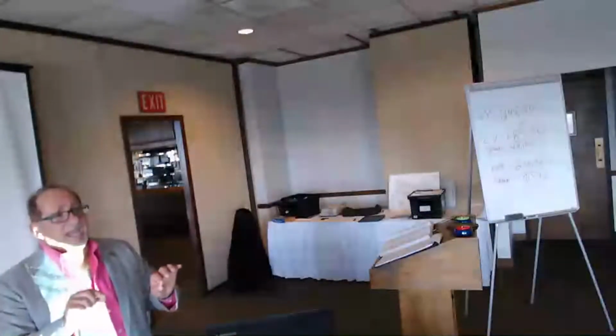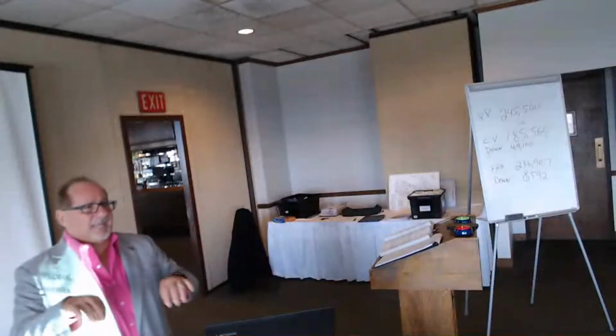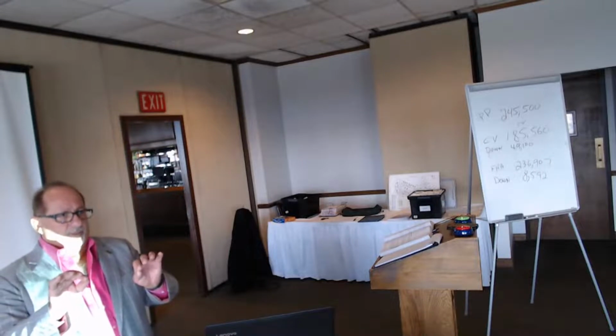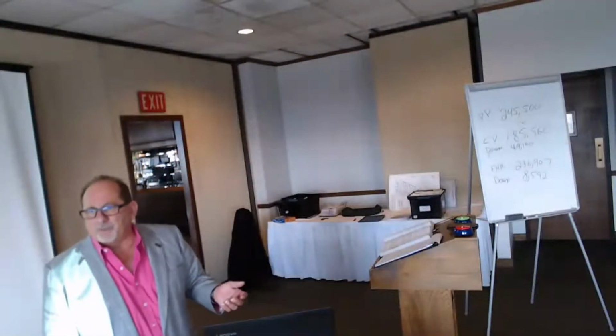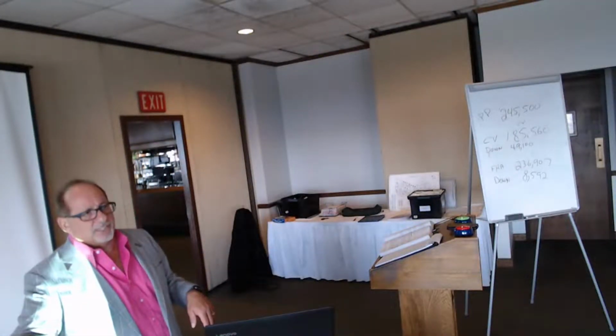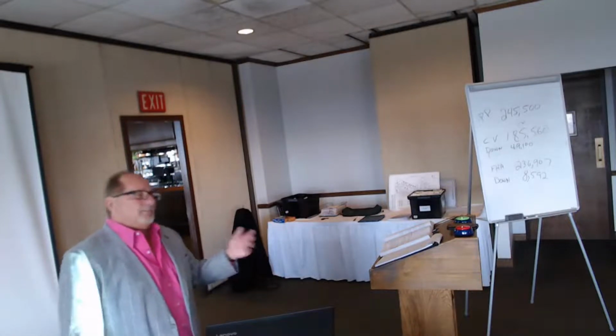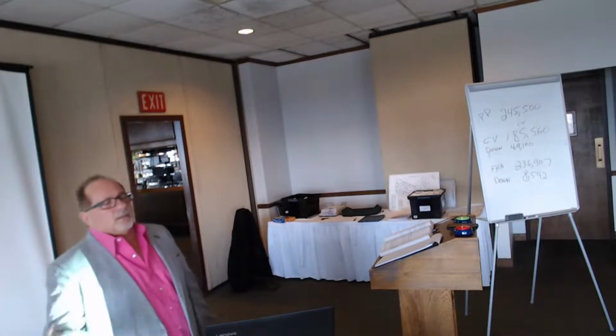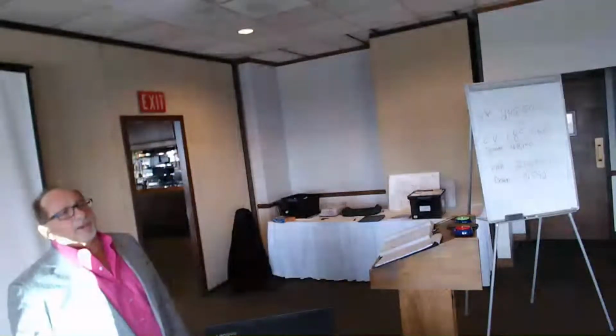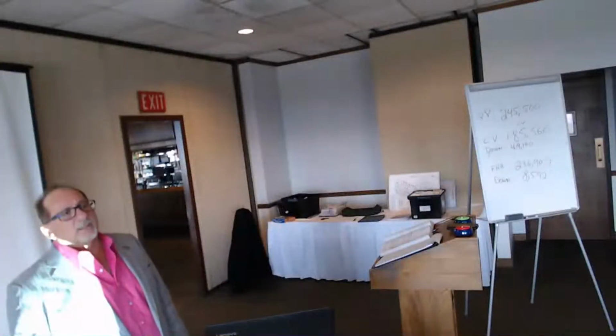But with FHA, you have to pay an upfront and an annual fee. That's called mortgage insurance premium, MIP. You've got to know the difference. MIP is for what kind of financing? FHA. PMI is for what kind? Conventional. PMI, you only pay monthly, right? Shake your head yes. MIP, you pay upfront and monthly.